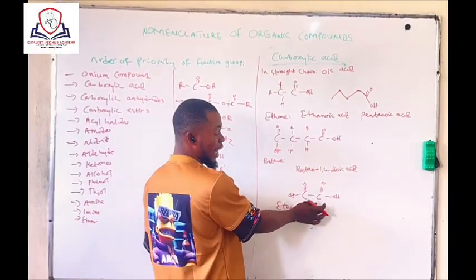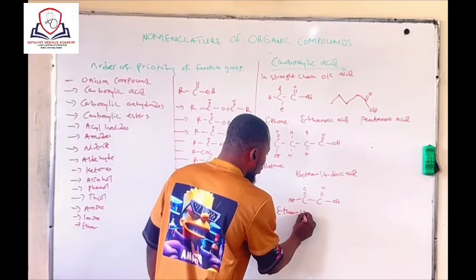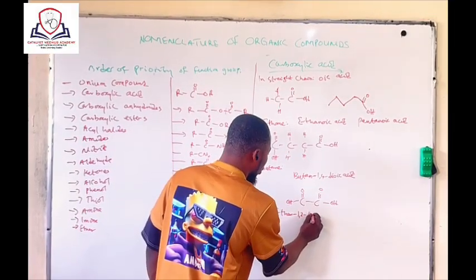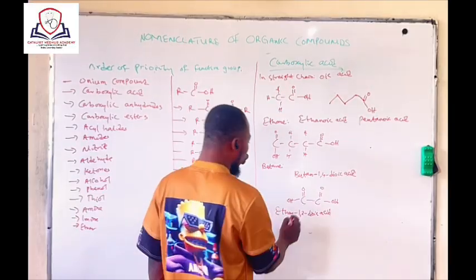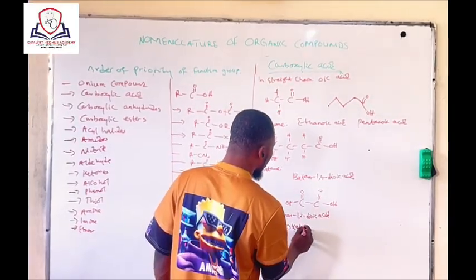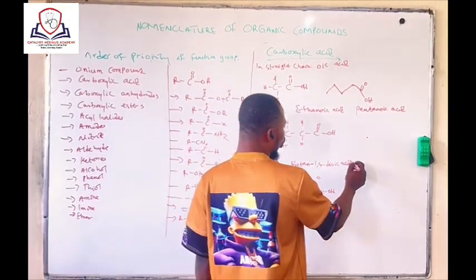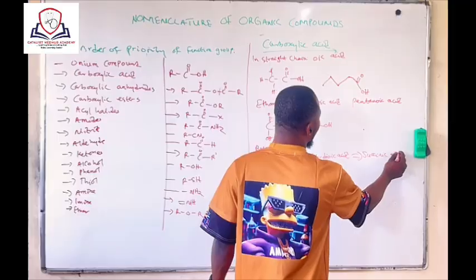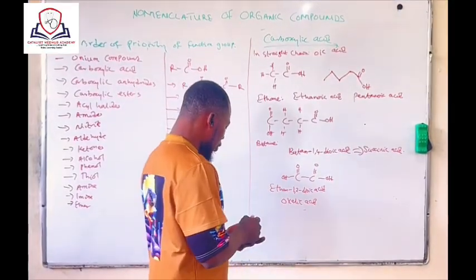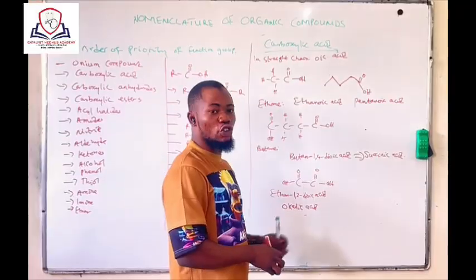Carbon number 1 and carbon number 2 are both carrying carboxylic functional groups, so ethane-1,2-dioic acid. The trivial name, we could call it oxalic acid. While butane-1,4-dioic acid, we can also call it succinic acid. This is how you name the carboxylic acid functional group in a straight chain.